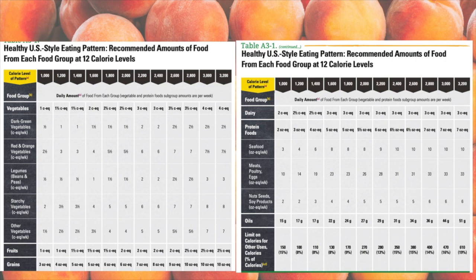recommended amounts of food from each food group at 12 calorie levels. These are a bunch of tables that, as you can see on the top, have a variety of calorie levels and then list all the food groups on the y-axis, and across the x-axis they tell you how much food you should be eating from each of the food groups based on the calorie level that you're trying to achieve.